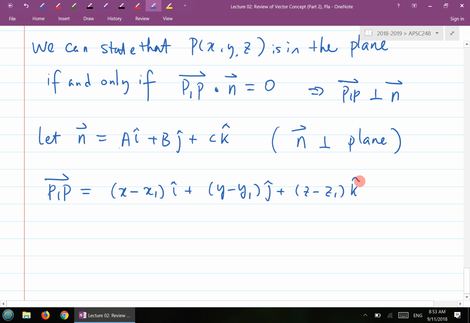Okay. That's P1P. And x1, y1, z1 are the coordinates for the point P1, which is known, okay, which is known here. x, y, z are the general variables. So now I'm going to use the dot product, use the P1P dot the n in here.